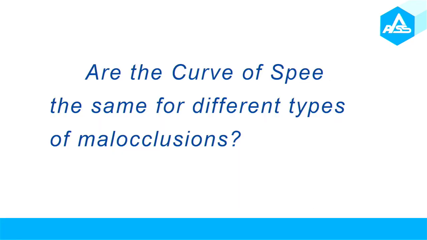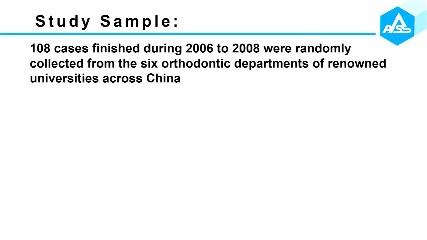Let's look at whether the curve of Spee is the same for different types of malocclusions. One of my students did this study many years ago. She collected 108 cases, finished during 2006 to 2008, from 6 orthodontic departments of renowned universities across China.